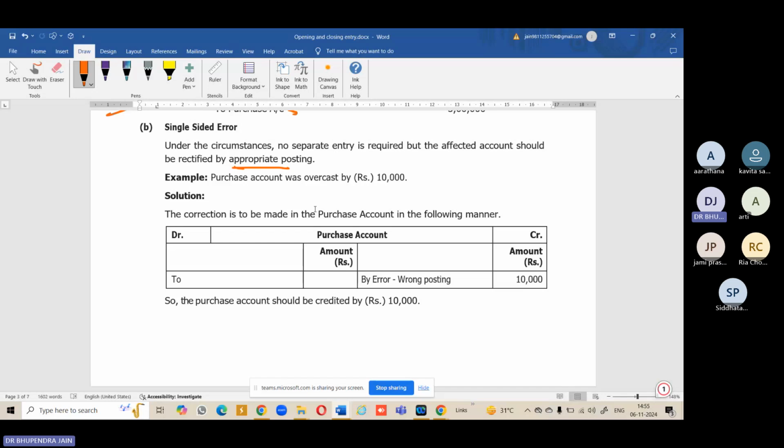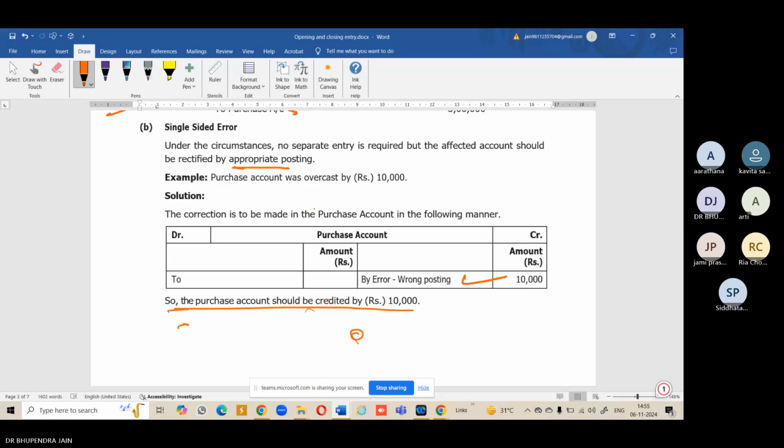So we have to enter it on the credit side. What to write: by error, wrong posting, rupees 10,000. How to rectify? By error, wrong posting, rupees 10,000. So the purchase account should be credited with rupees 10,000.